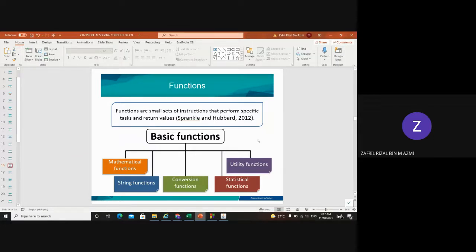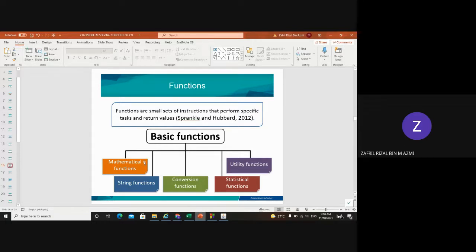The one that we are going to discuss here is the predefined function, the function that resides inside the library. There are mathematical functions. We are just going to look at some examples. There are a lot of functions, especially mathematical functions.